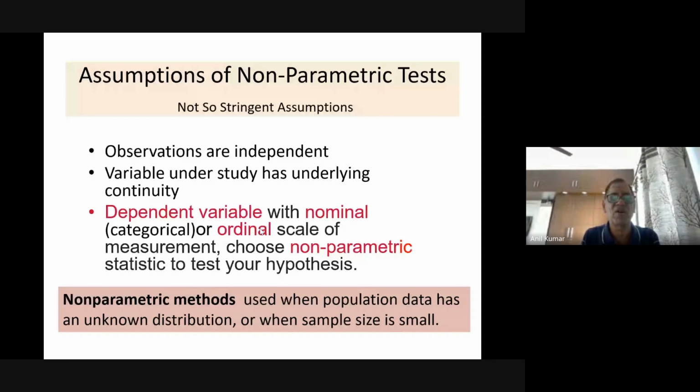Of course we can think of using a non-parametric test in certain situations, but let me tell you very frankly, parametric tests are stronger as far as the decisions are concerned.